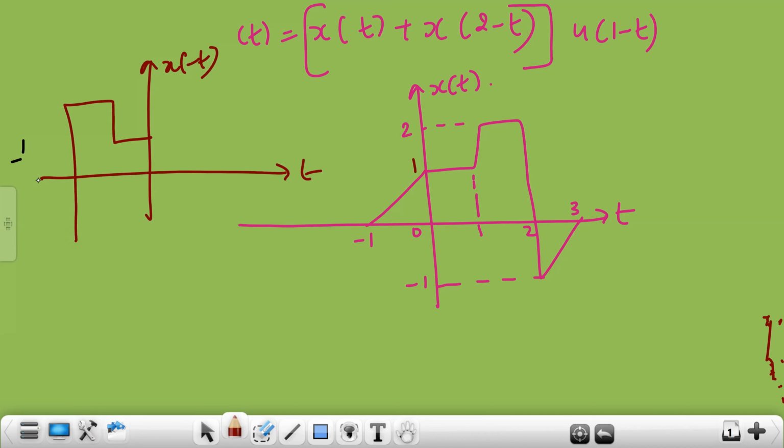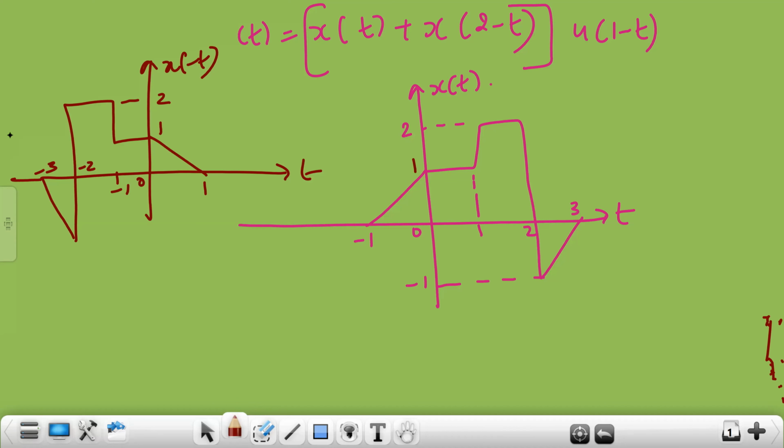I think this will come like this, correct? So this is the time reversal version of x of t, plotted as x of minus t. Is this clear? Check whether what I have drawn is correct or not.